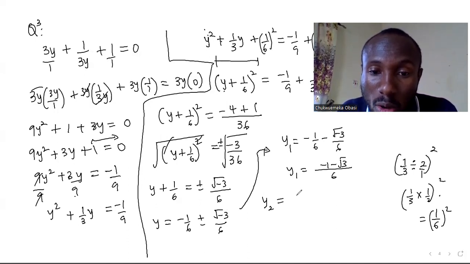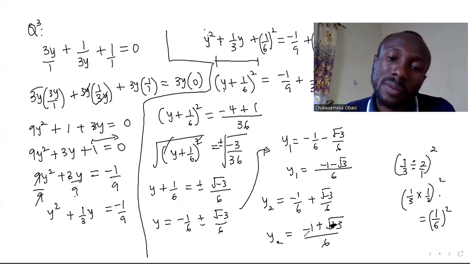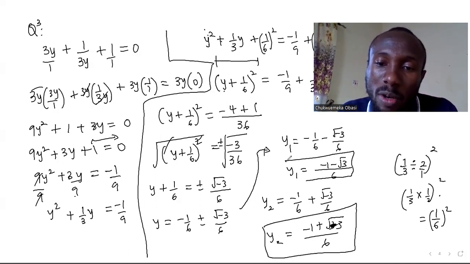So this becomes minus 1 over 6 plus root minus 3 over 6. And that can also be written as minus 1 plus root minus 3 over 6. So viewers, this is the solution to this problem. I hope we are getting this, right?